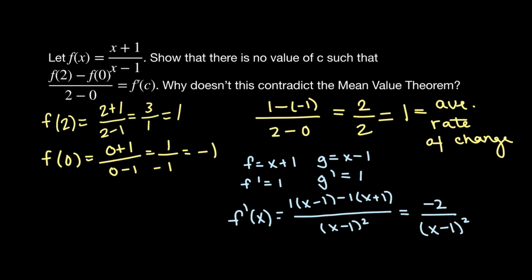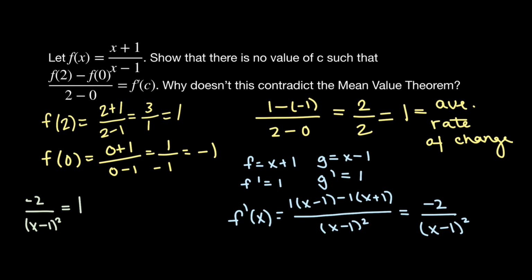We can simplify by distributing and combining like terms. In the numerator, we've got a 1x minus 1x, that goes away, and then negative 1 minus 1, that's negative 2. So this derivative simplifies to negative 2 divided by x minus 1 squared.